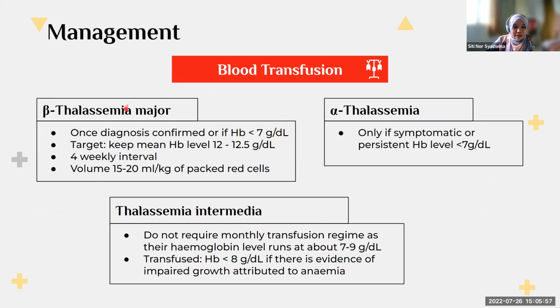For beta thalassemia major, we will transfuse once diagnosed and confirmed, or if the hemoglobin is less than 7 gram per deciliter. Our target is to keep the mean hemoglobin level between 12 to 12.5 gram per deciliter, and for beta thalassemia major, it is at a 4 weekly interval.